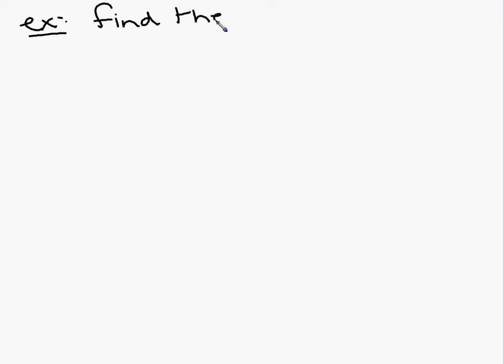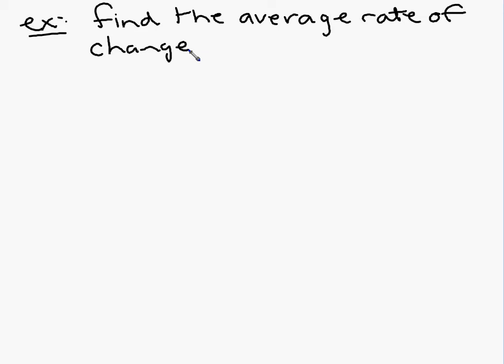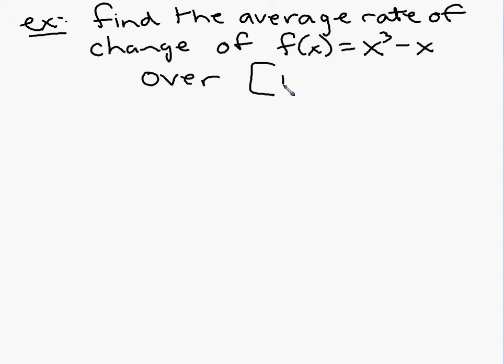Find the average rate of change of f of x equals x cubed minus x over the interval 1 to 3. So we're going to look for an average rate of change of that function over the interval 1 to 3.